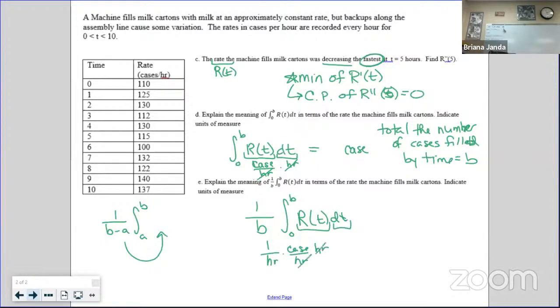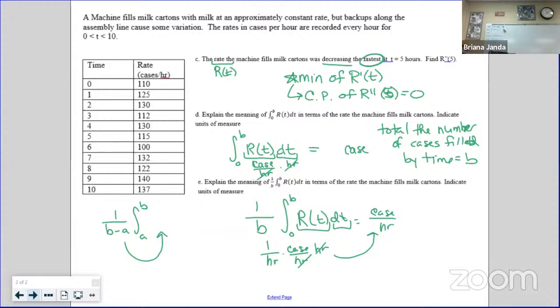And so my hours would cancel here, but as I multiply straight across the top, straight across the bottom, that's telling me that my answer to this is still in cases per hour, right? Which is a rate. And that might help a little bit, but you understand that that's what we're finding, right? Is the average of R of t. So it's the average of our rate on the interval from 0 to whatever b is.